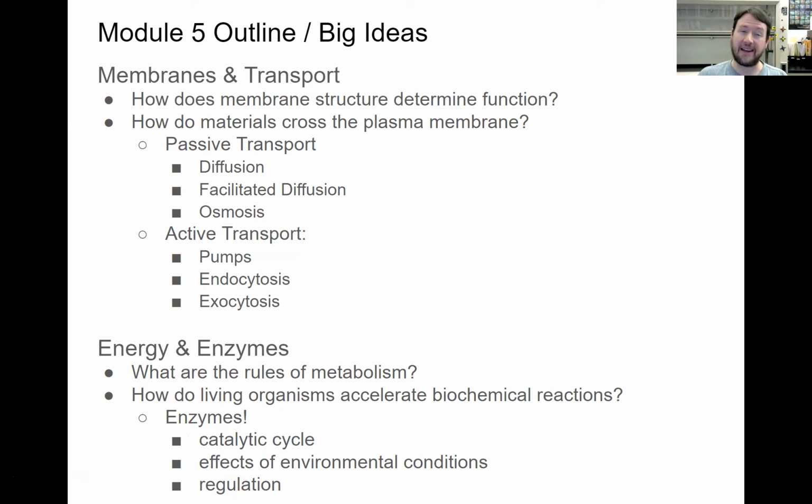So we aren't going to take a deep dive on all the different enzymes that are working inside of a cell, but we will touch on generally how enzymes function and how that helps keep a cell alive.